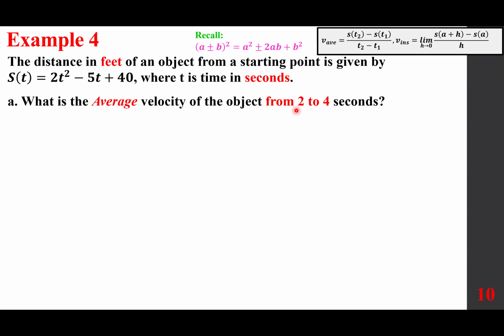So from 2 to 4, when 2 points in time are given, that means the average. And so s of t sub 2 minus s of t sub 1 over t sub 2 minus t sub 1. And of course, that means s of 4 minus s of 2 over 4 minus 2.